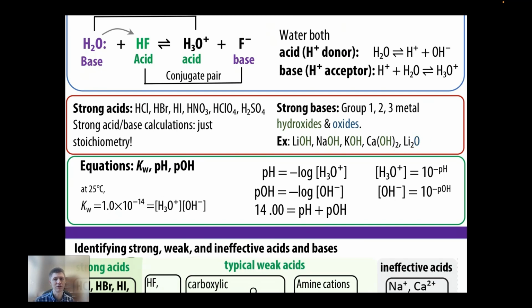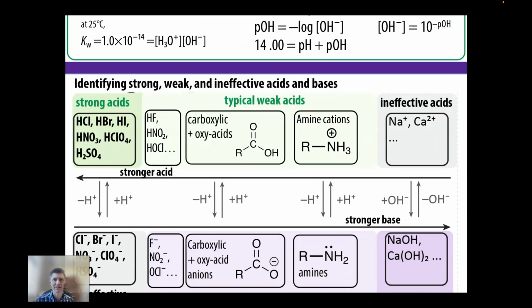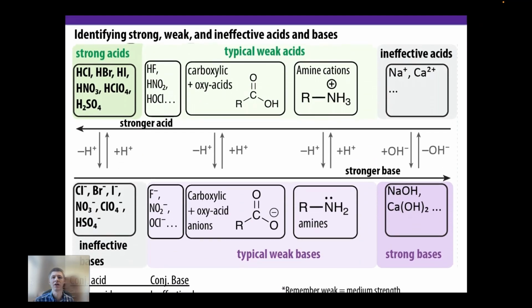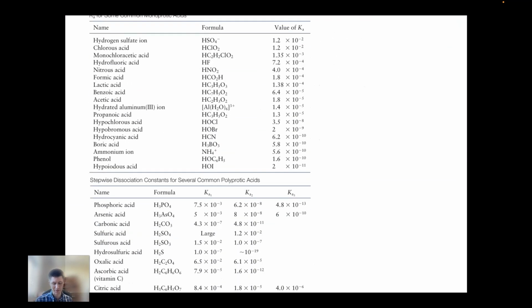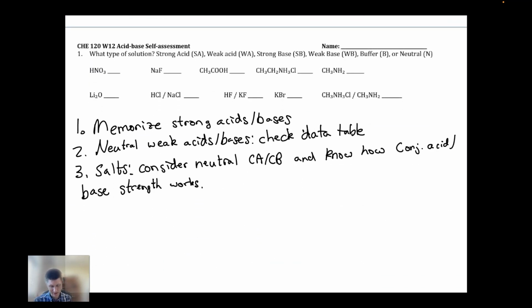So just memorize those, and that will get you started on this. That's also shown in this table here that also relates all of the weak acids, weak bases, and the conjugates. So we start by memorizing our strong acids and bases.